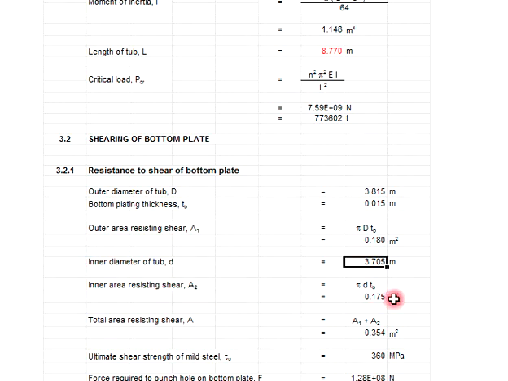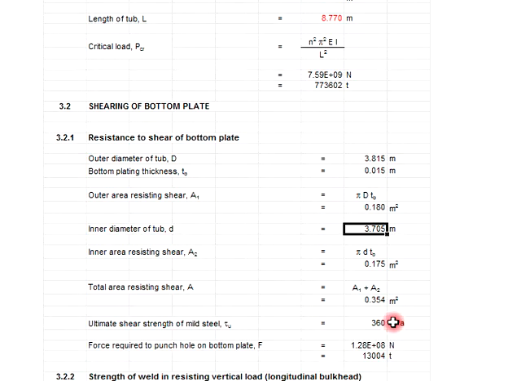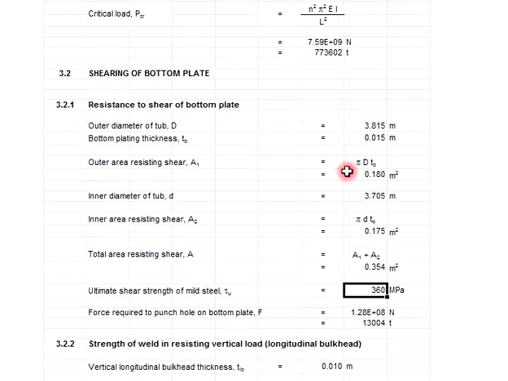Inner area resistance also has a formula. The total area resistance here is this one. Ultimate shear strength of mild steel also. This one is automatic. So the force required to punch the hole in the bottom is 13,000 or 004.